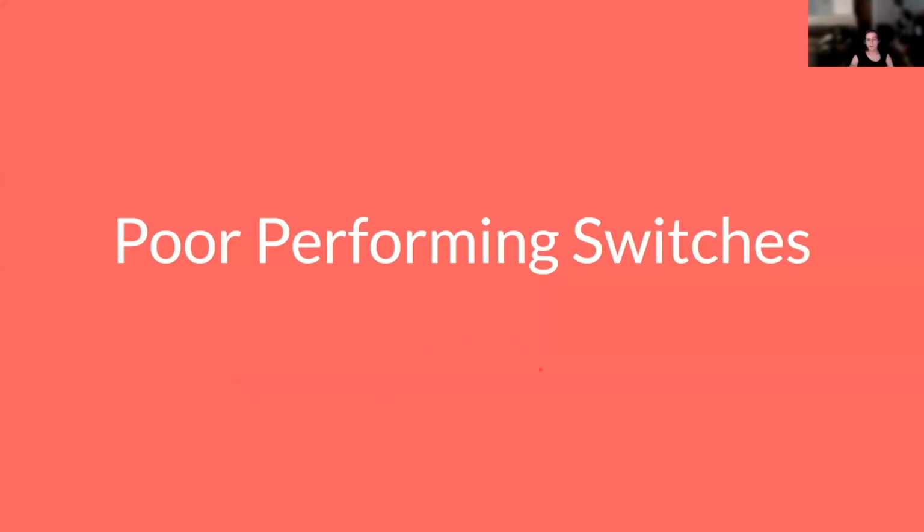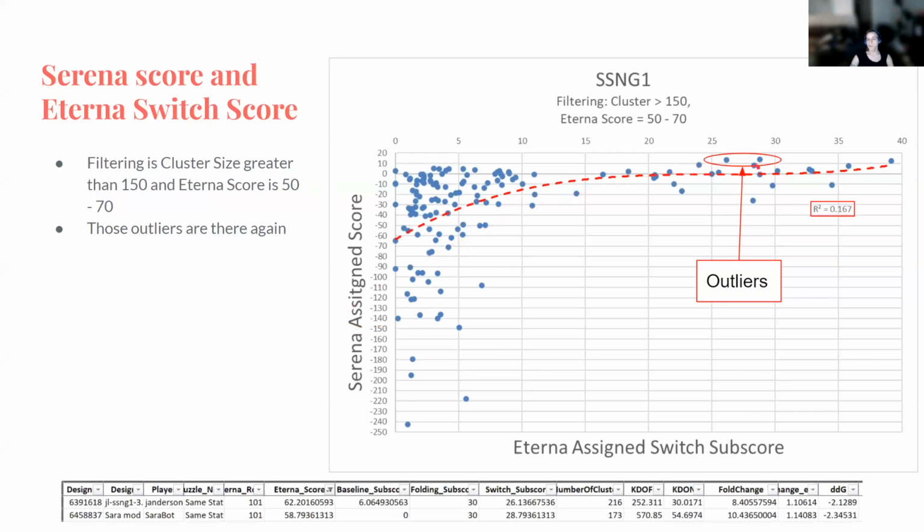So here's a look at performing switches, looking at the Eterna score from 50 to 70 only. And these are the two outliers that I kept talking about that kept popping up. You can see that they actually have a 0 baseline score, a 30 folding score, and a really good switch score.